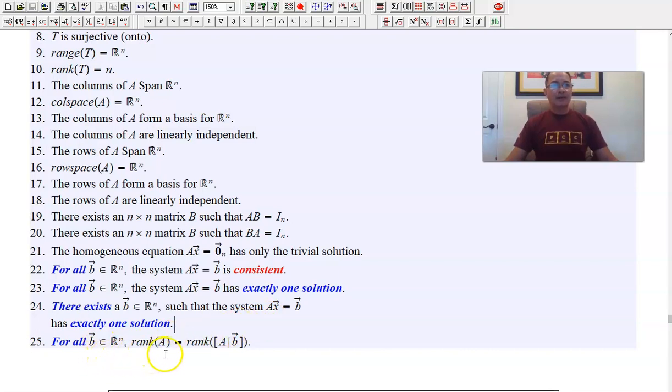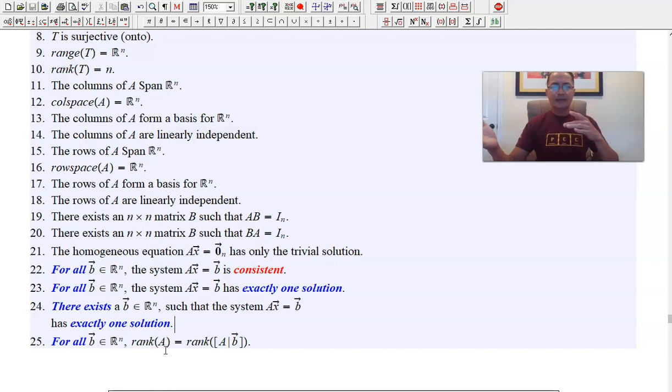Okay, so the last condition. For all B in Rn, the rank of A is exactly the same as the rank of the augmented matrix, A augmented by B. Okay, so what does rank mean? It's the number of leading ones in the REF. Okay, don't forget that part. I almost did. Look at the REF of A. You will have K leading ones. All right, we don't know yet that it will have N leading ones.